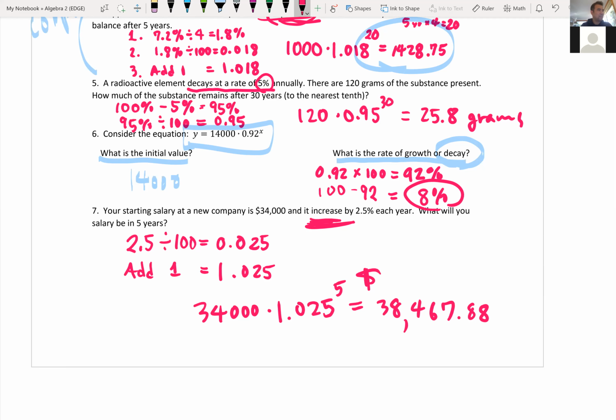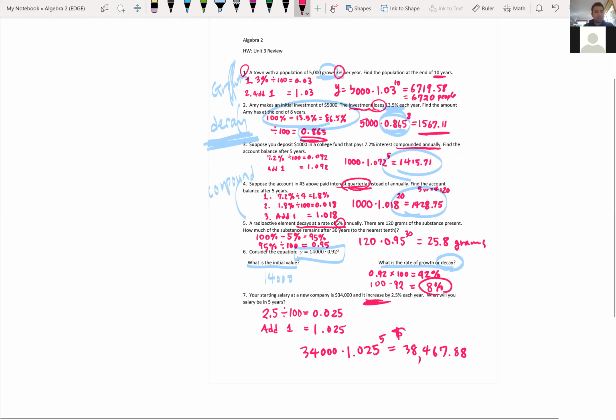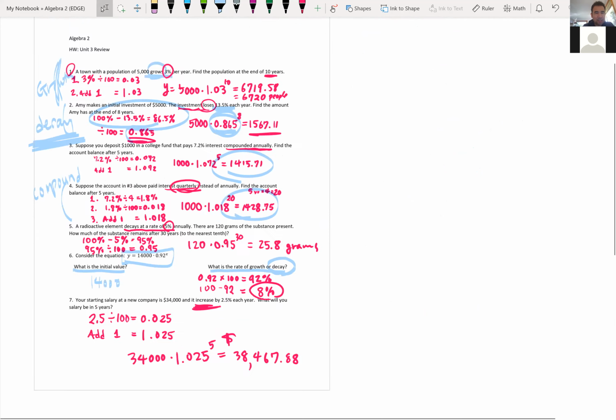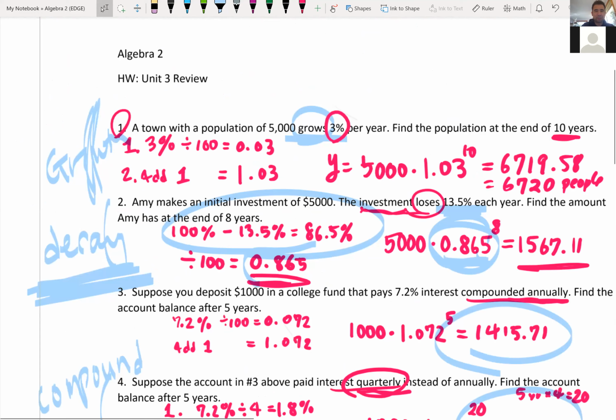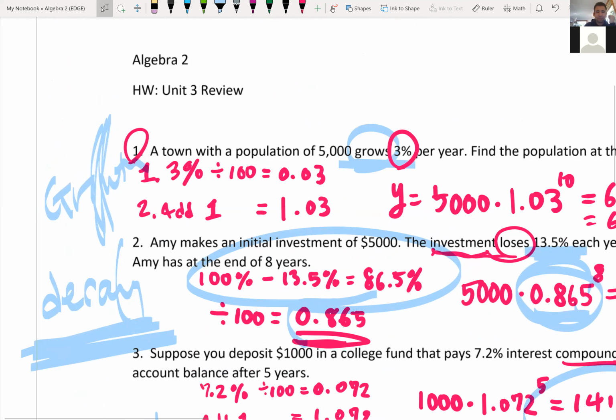All right. Hey, what do you guys think of all the problems? Do you feel comfortable working on these problems? Again, you definitely have a growth. So here is the growth pattern. You divide by 100, okay?